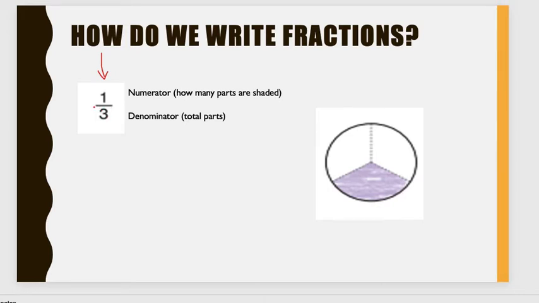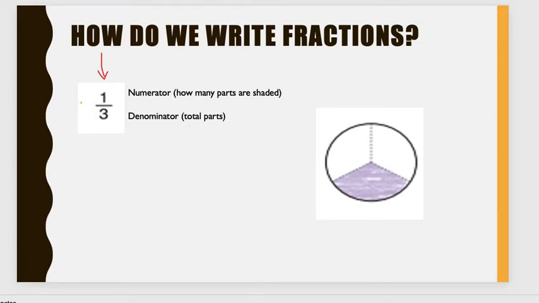That's how we write our fractions. So it looks different than any other numbers that you've seen. We wouldn't read this number as 13. We would say this is 1/3, because it's 1 out of 3, just like how we did in my last slide.